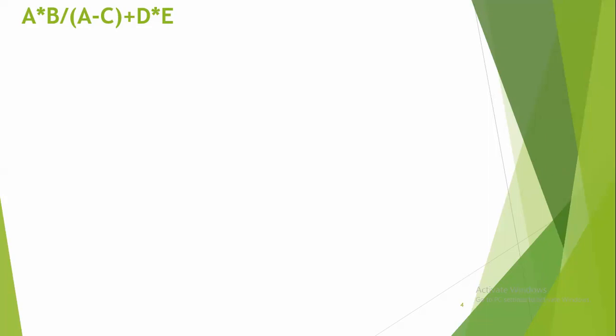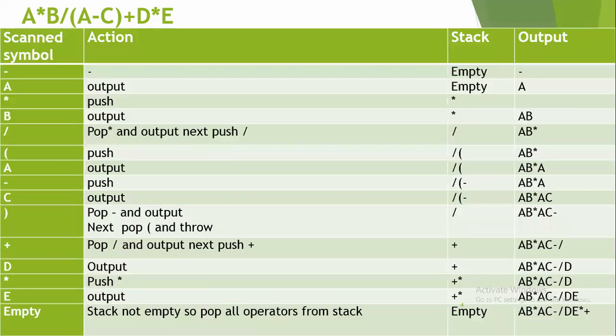You have to write 4 columns: the first column named scanned symbol, the second named action, the third stack, and the fourth output. The output column at the last step will give you the postfix representation of the given infix notation.